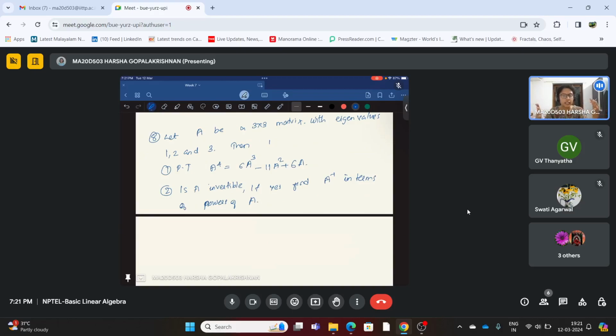So find the characteristic equation, put the matrix in it instead of x, and then we can do all kinds of operations there. So what is the characteristic equation here?